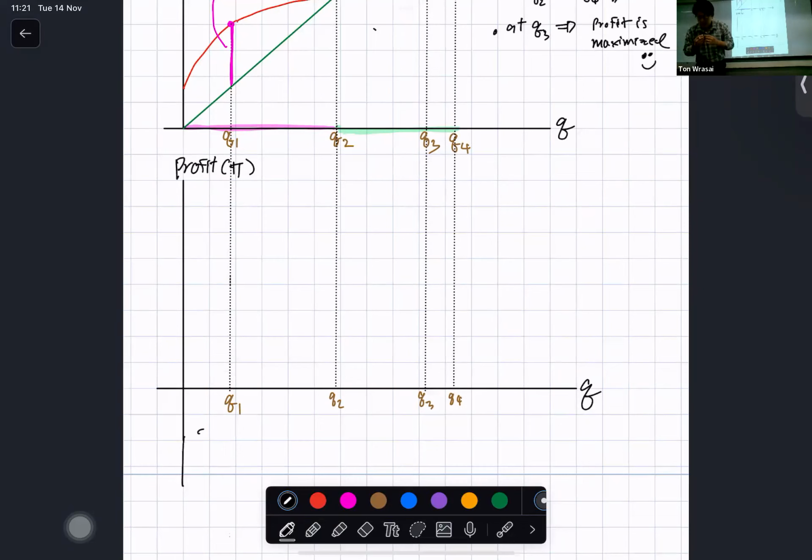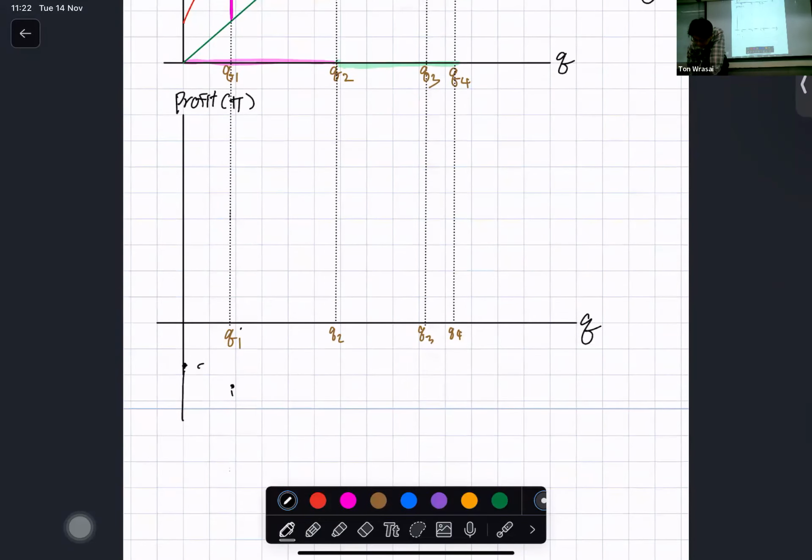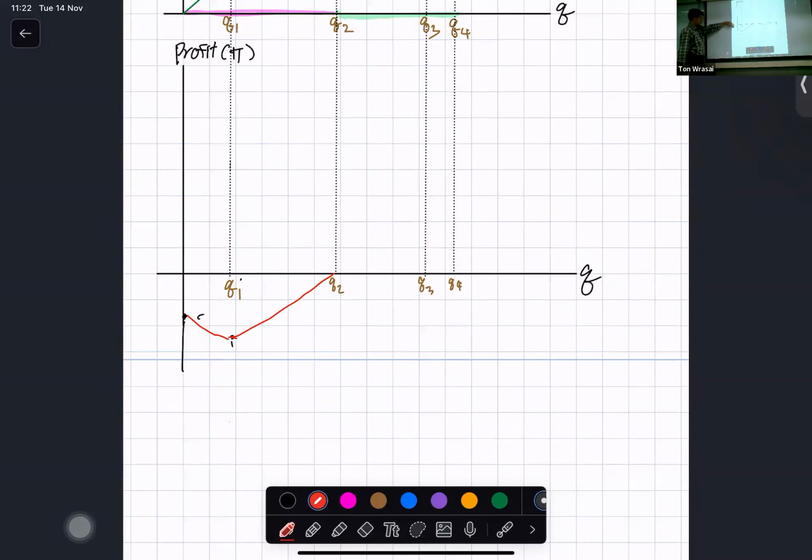Loss. So I would get the curve looking like this, downward, but biggest here. You see, agree with me?